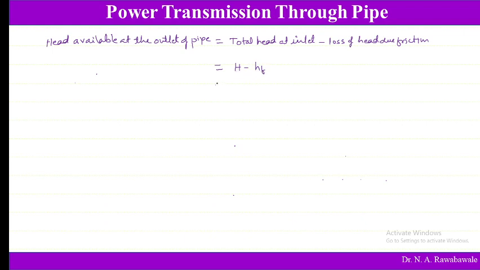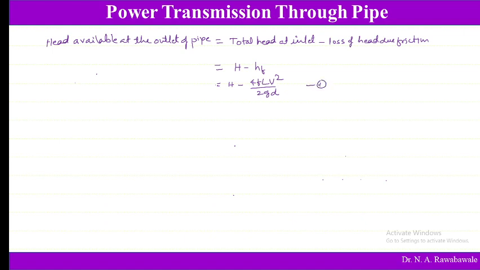This can be written as h minus 4 f l v square divided by 2 g d. So this is the total head available at the outlet. We call this equation number 1.